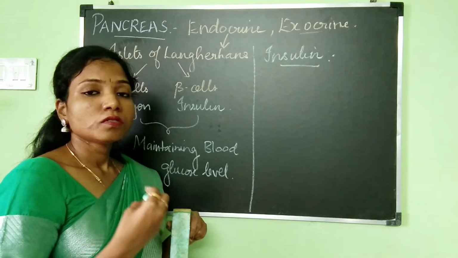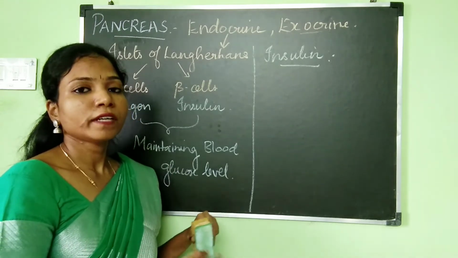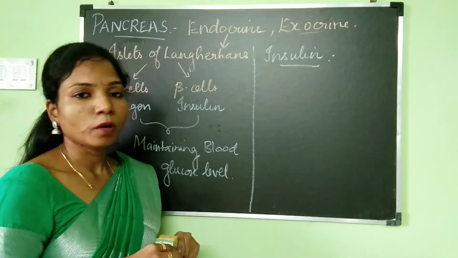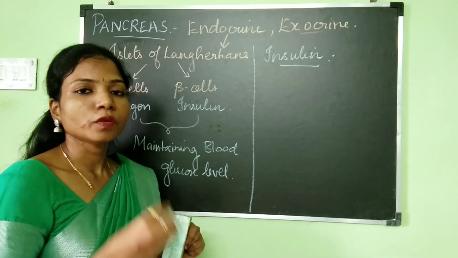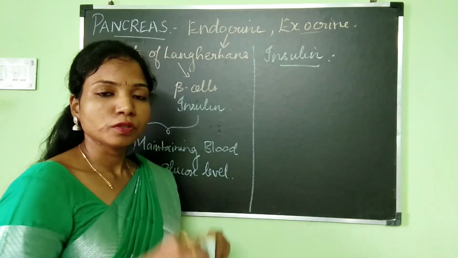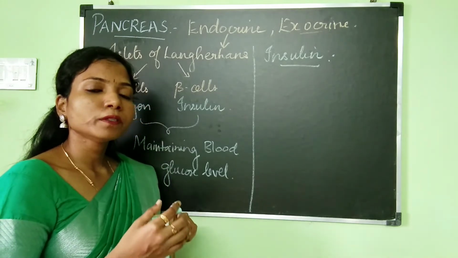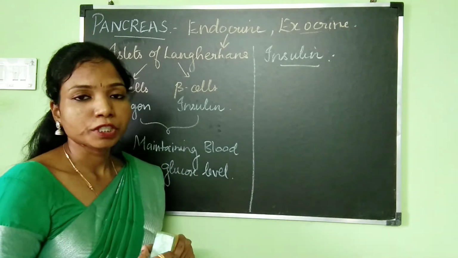Only some amount of the glucose released after digestion will be utilized by our body. We don't have to use all the glucose as energy. Only some amount is converted into energy for us to use. So what happens to the rest of the glucose released after digestion?